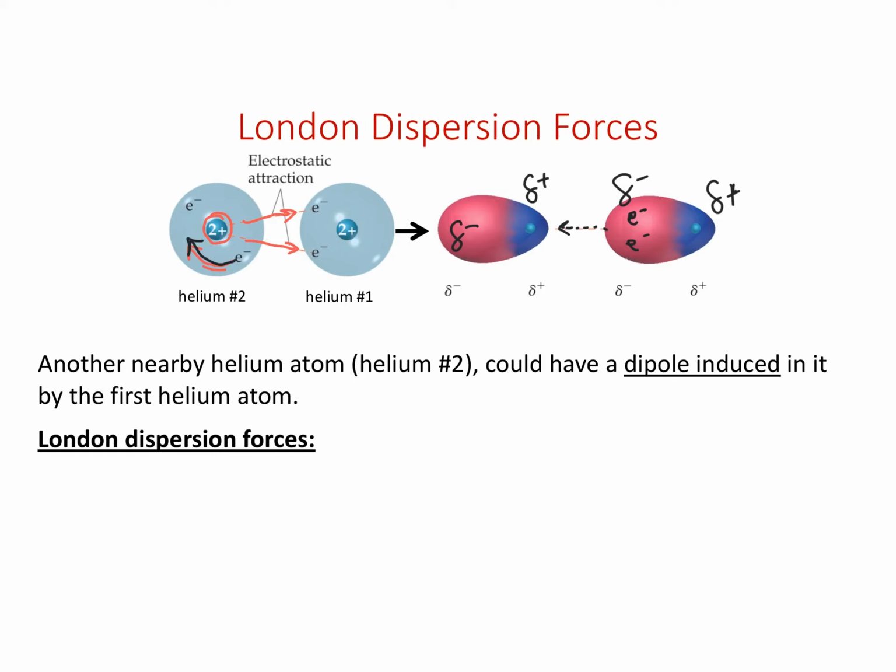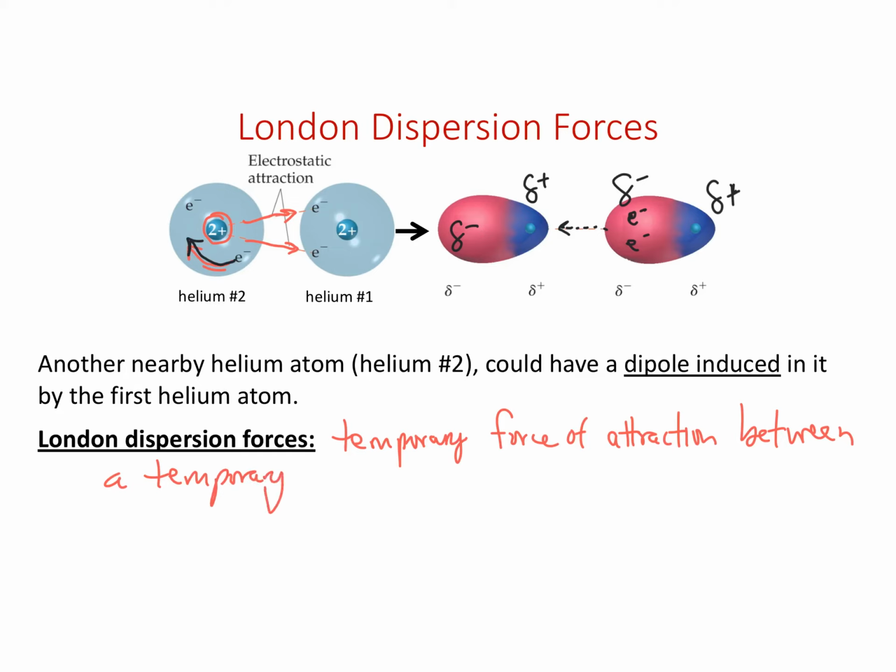Because all molecules have electrons, right? All molecules have London dispersion forces. The key is it's a temporary force of attraction between a temporary dipole and an induced dipole. So that temporary dipole is what I described when I talked about this electron temporarily flipping to one side of the molecule.